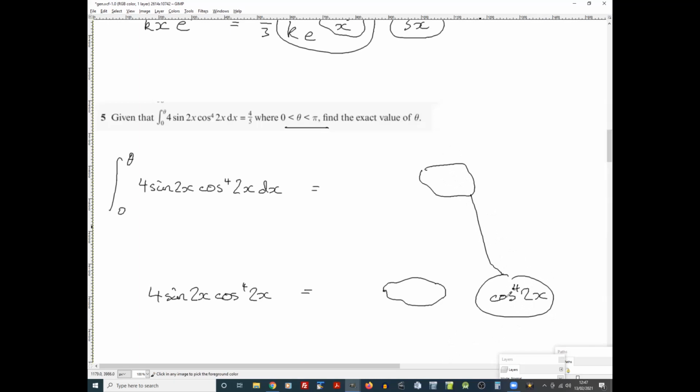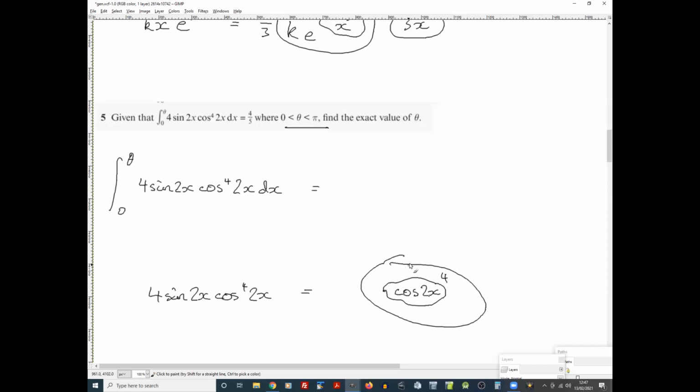We can't do that one, can we? We've got to go back to saying the inner function here is what? Cos 2x. Exactly. And the outer function of that is power 4. Good.